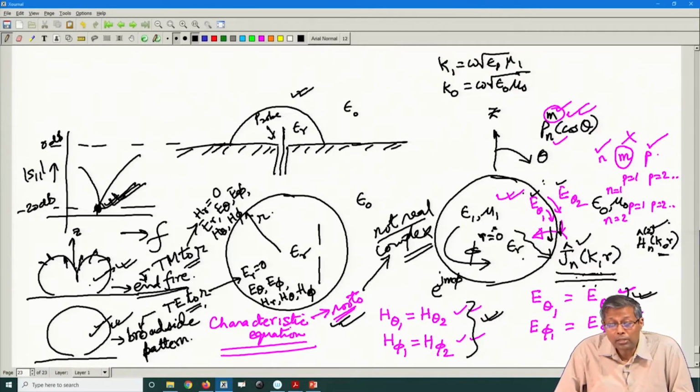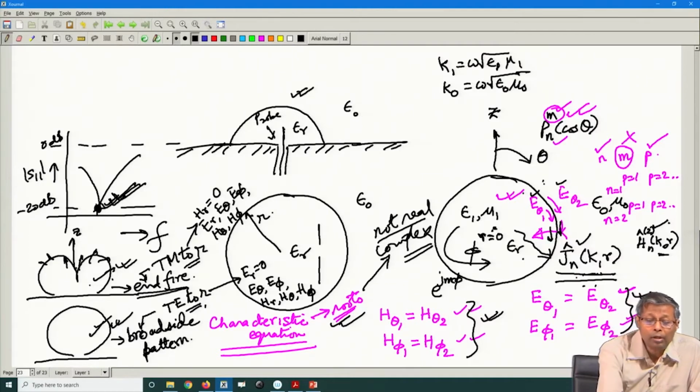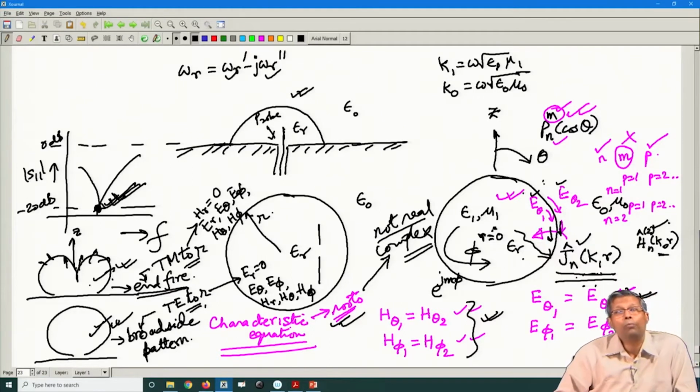Why does this have to be realized? Because if I qualify these roots as omega r, I will write this as omega r prime plus j omega r double prime. So, this is the real part of the resonance frequency and this is the imaginary part of the resonance frequency.